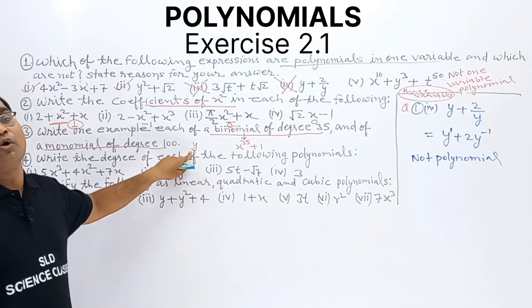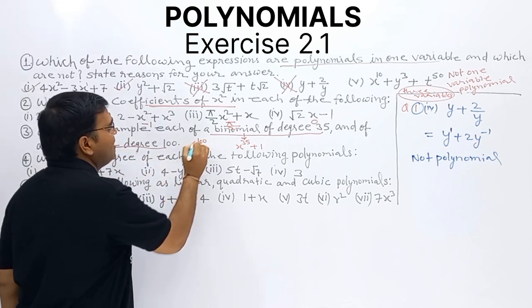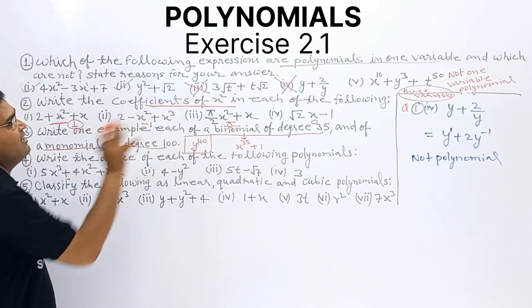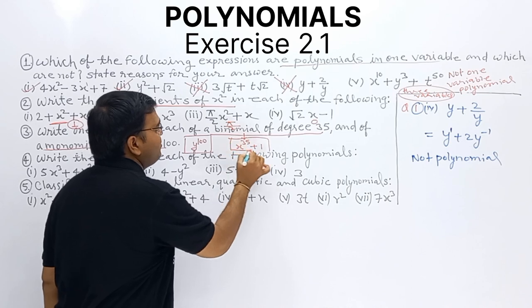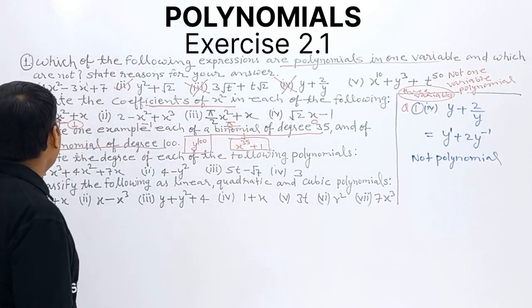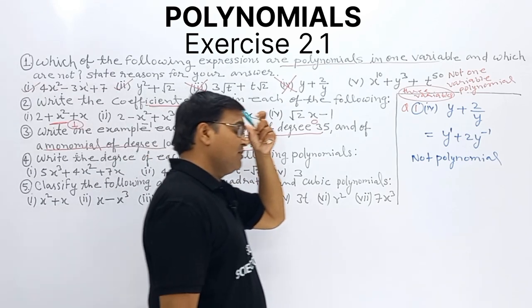Now this is a monomial, but its degree is 1, and we want 100, so we will put power 100. This one is the example of a monomial of degree 100, and this one is the example of a binomial of degree 35. Getting? Now next question.